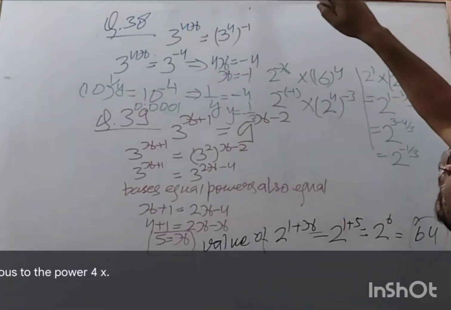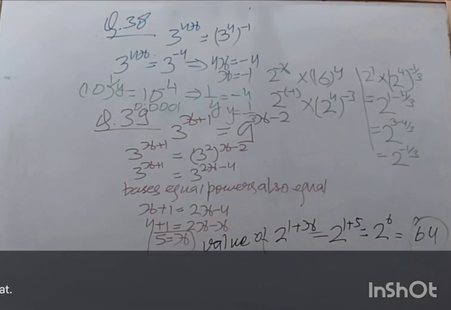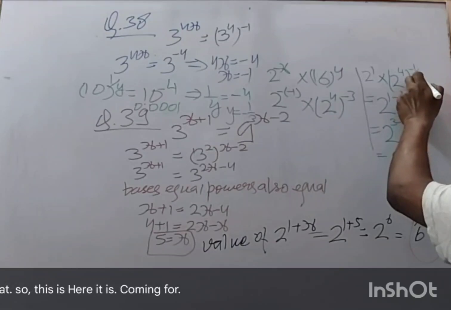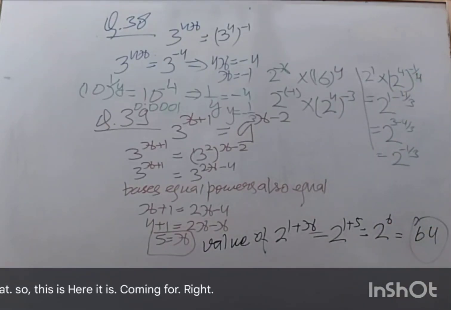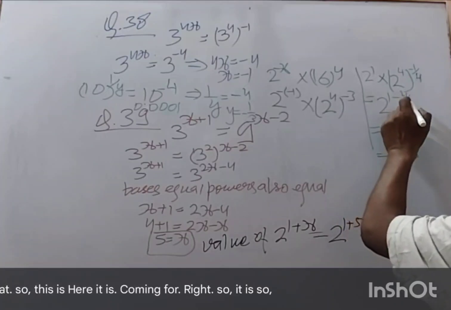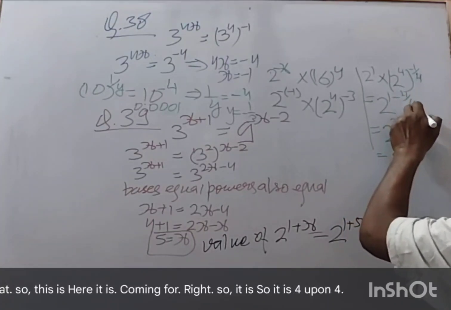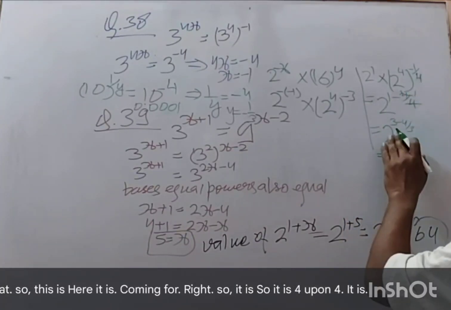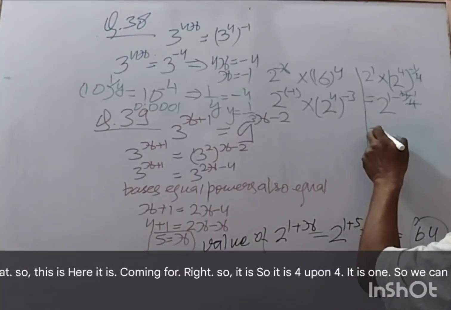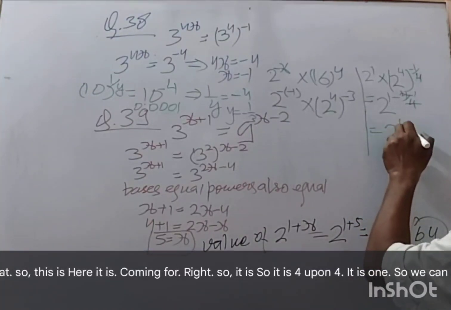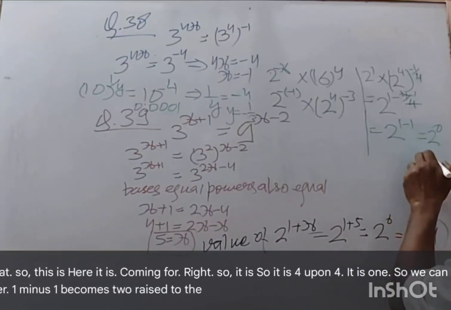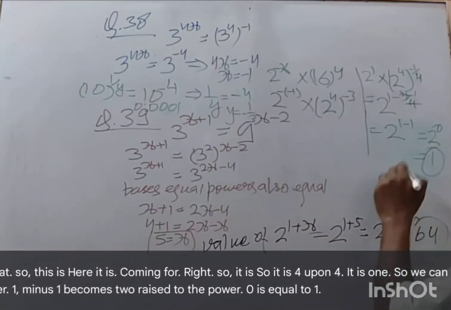So here it is coming 4, so 4 upon 4 is 1. So we can write 2 raised to the power 1 minus 1 becomes 2 raised to the power 0 is equal to 1. Right?